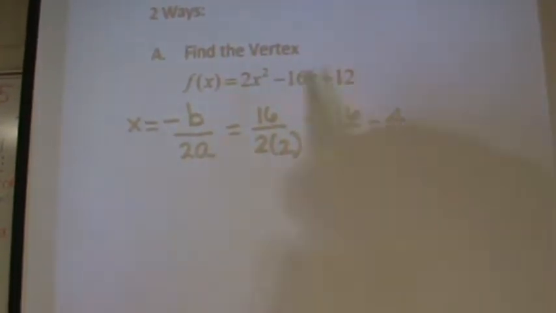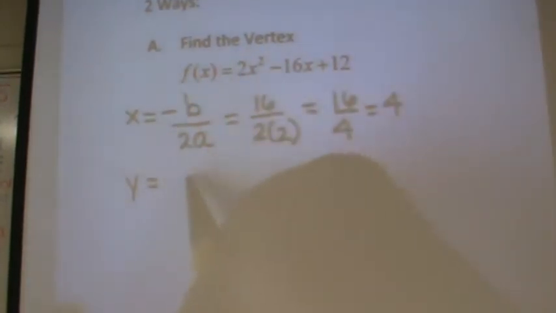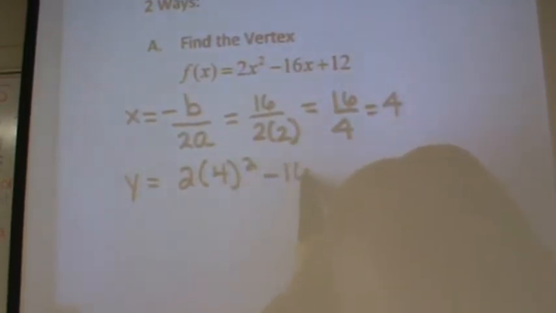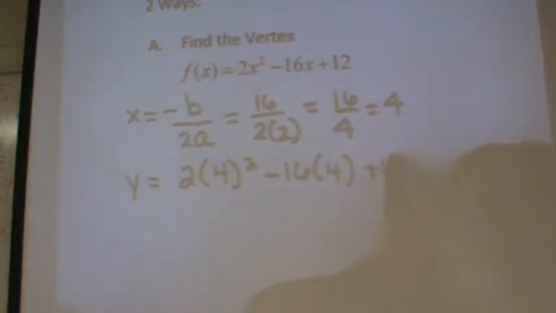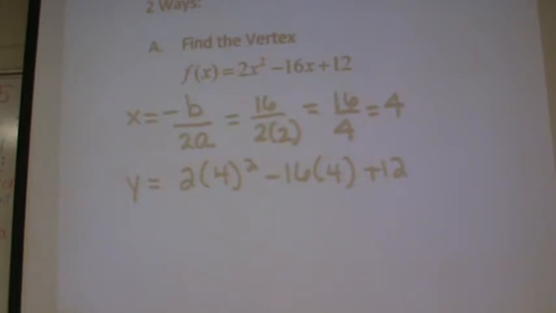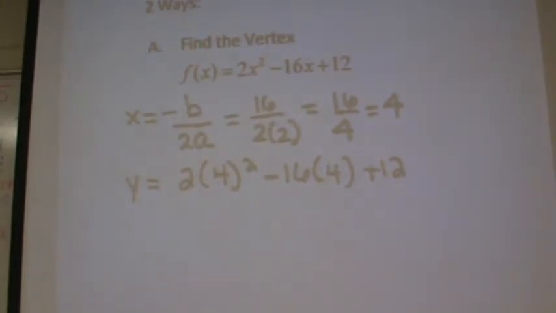How do you find the y value, to find the vertex? You're going to plug 4 into this equation. So 2 times 4 squared minus 16 times 4 plus 12. What do you get when you find the y value? Give me a second.